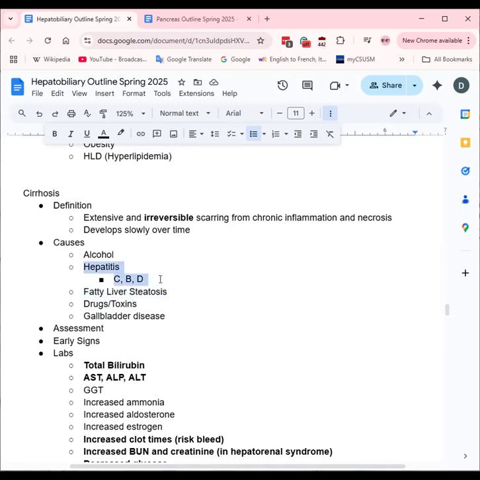And then hepatitis, the different types of hepatitis, I'm gonna immediately just tell you out front, the focus for this exam is not going to be as much on hepatitis, and don't spend too much time hardcore memorizing the different types of hepatitis. It's not going to be the focus.